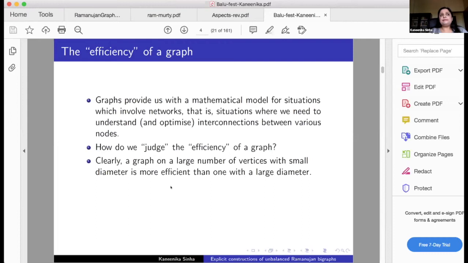Suppose you have a graph with a very large number of vertices but very few connections between them, meaning you have big clusters of vertices which are not joined by edges from other clusters. Those graphs will not be very helpful from an application point of view.